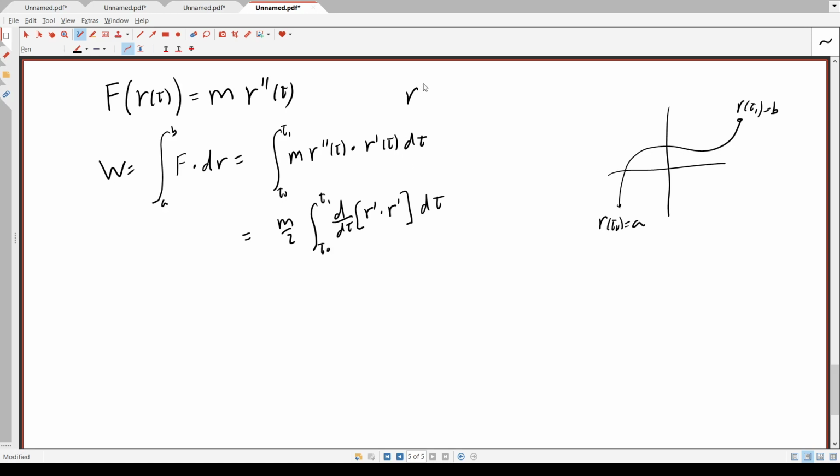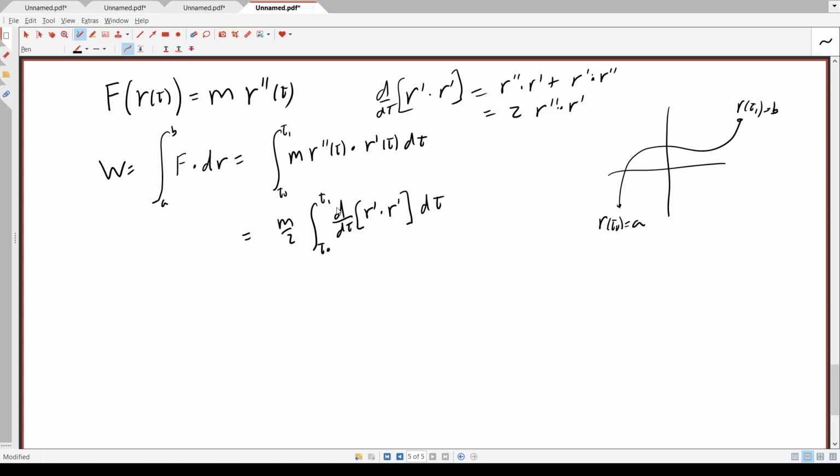Actually, I'll do that real quick. So r prime dot r prime, I do the derivative of this, and I get r double prime dot r prime plus r prime dot r double prime. So that's 2 r double prime dot r prime. So if I divide both sides by 2, I get this substitution that I did here, right? 1/2 of this derivative is equal to this.